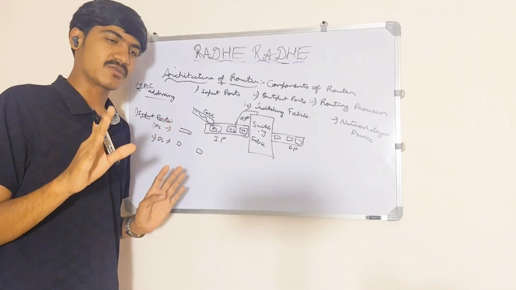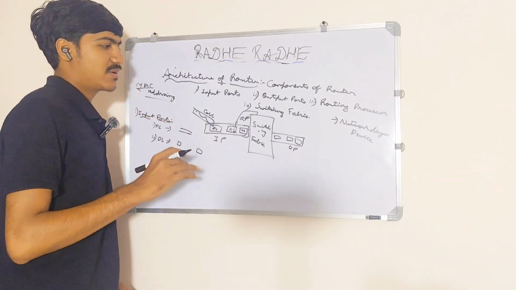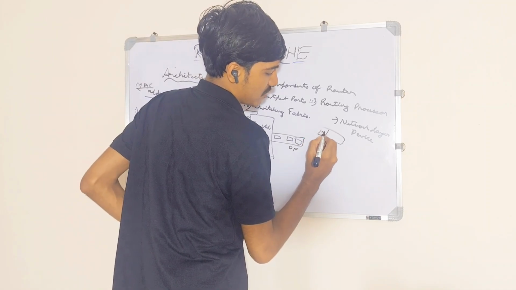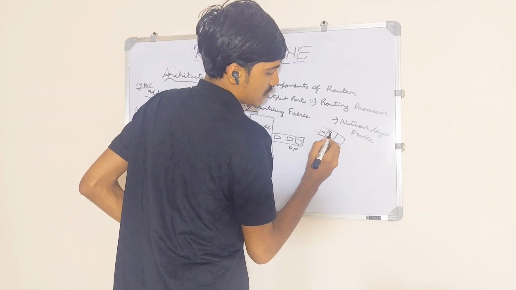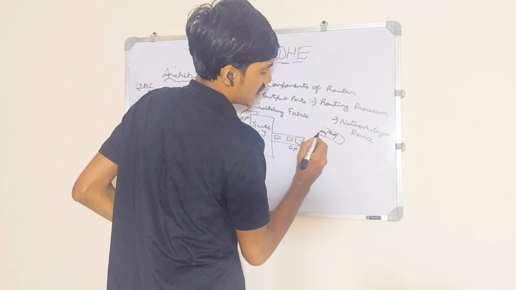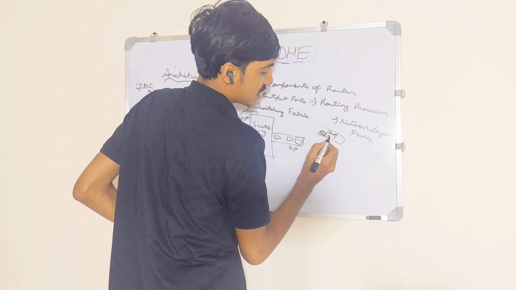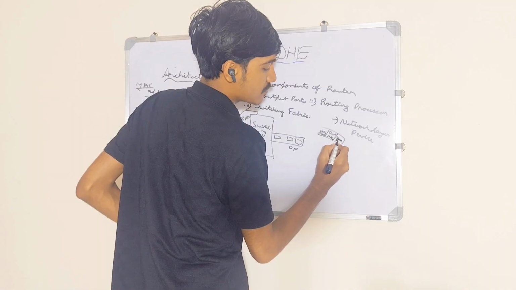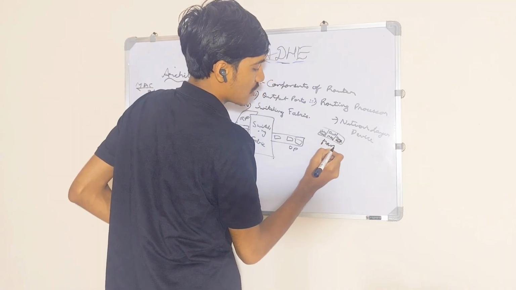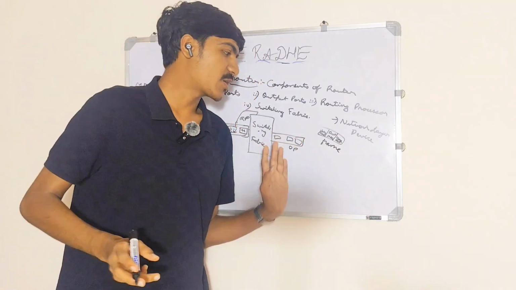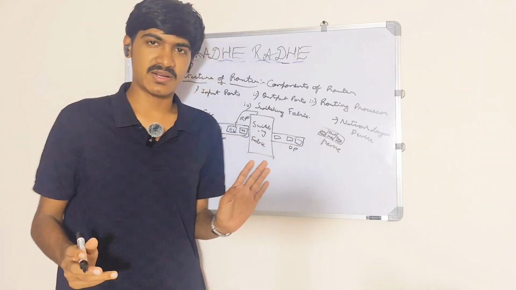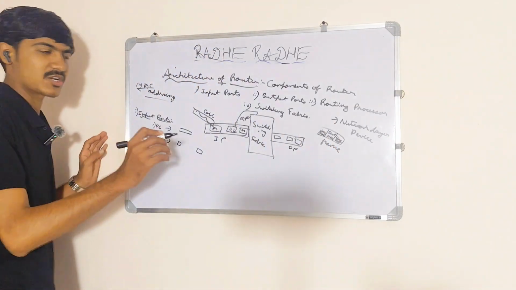I think you remember. A frame is nothing but source MAC, destination MAC, followed by user data. Bro, a frame is nothing but a combination of user data, source MAC address, and destination MAC address. That's it. For now you can remember this.